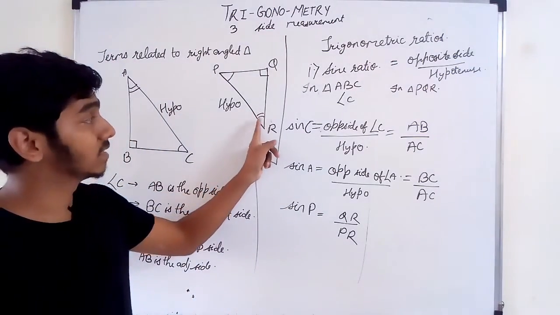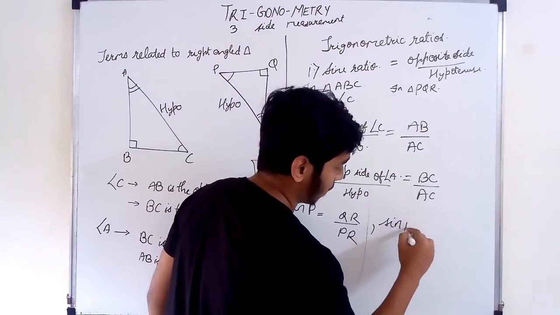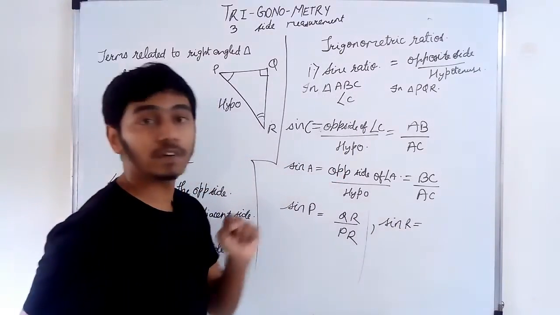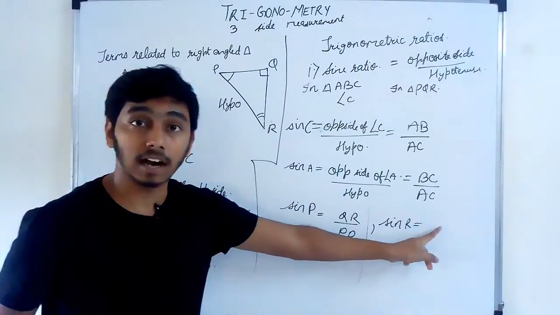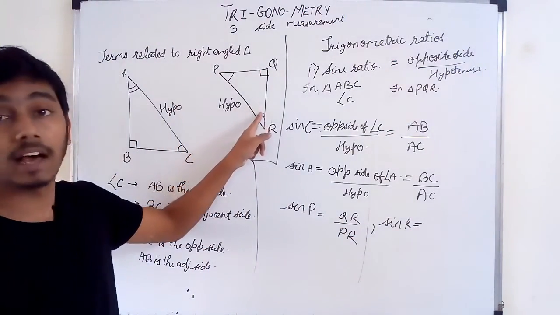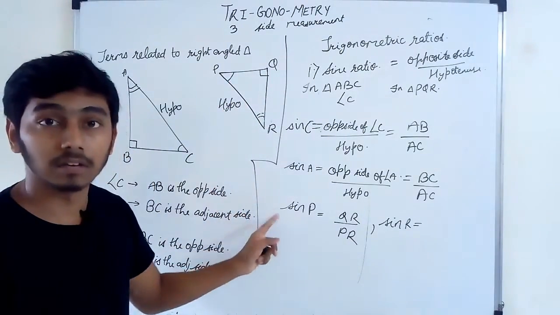Now if you want to find sine R, sine R can be found by, again, the opposite side of angle R. So the opposite side of angle R is PQ. Yes or no? So we had written this somewhere here, right?